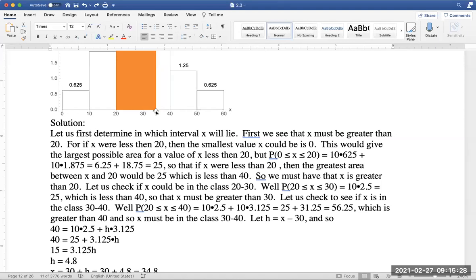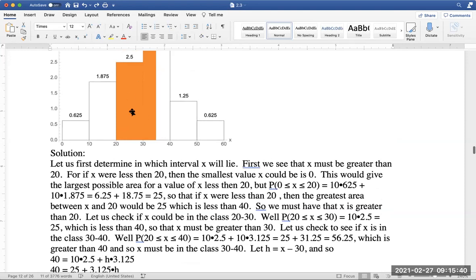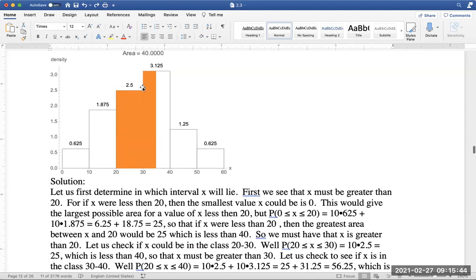It's a very useful technique: the percentage of data values, the probability, as we'll be calling it in the future, will correspond to areas below some graph.